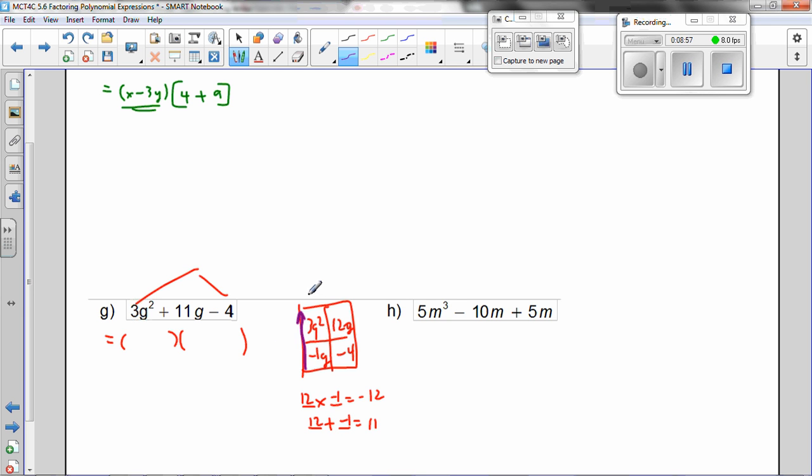Factoring up, I've got a g. Factoring up, I've got a positive 4, right? Common factor up this way. Now, if I common factor this way, I've got 3g. Common factor this way, I got to take the negative out, okay? Minus 1. And so I got g plus 4 and 3g minus 1.